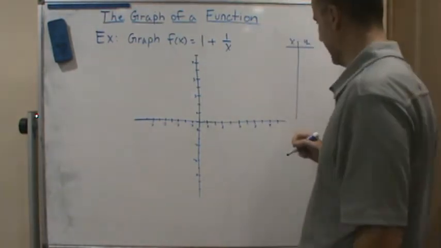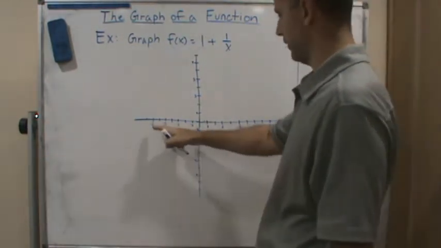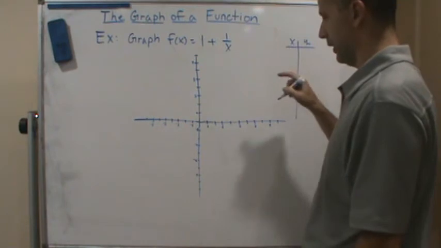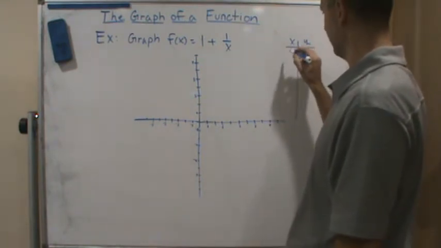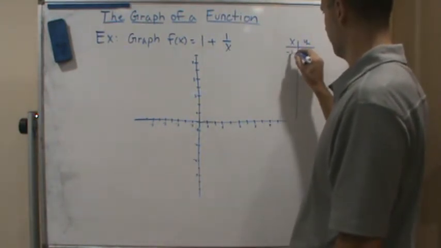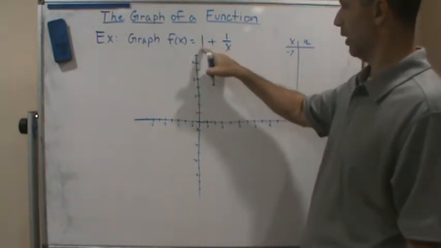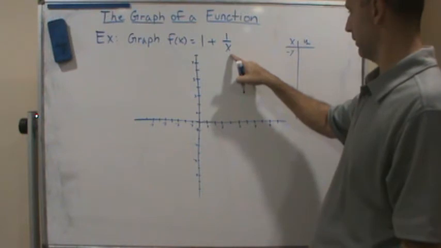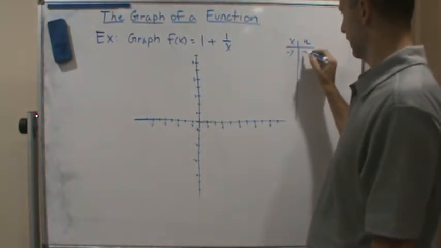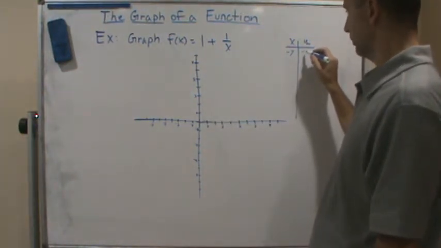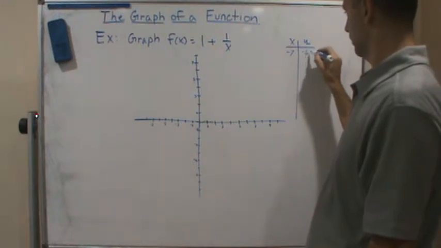Let's start with the negative values of x. If we put in negative 7, negative 7 gives us 1 plus a negative 1/7, which gives us negative what?